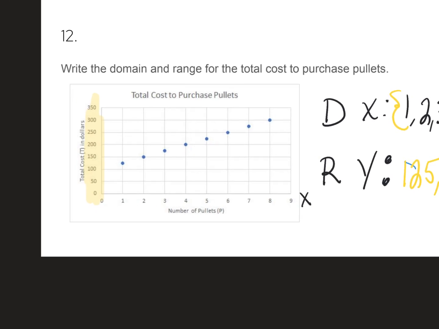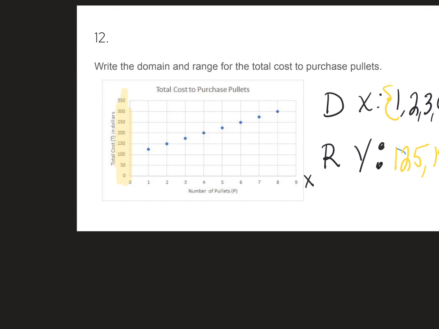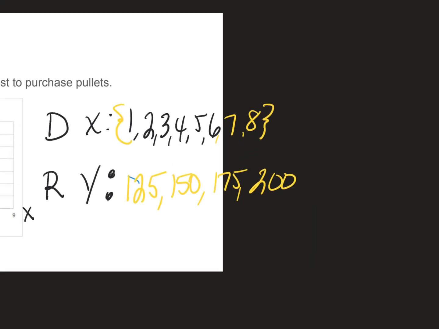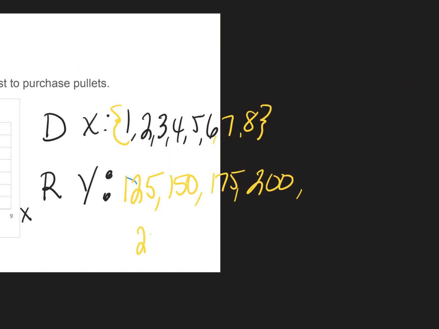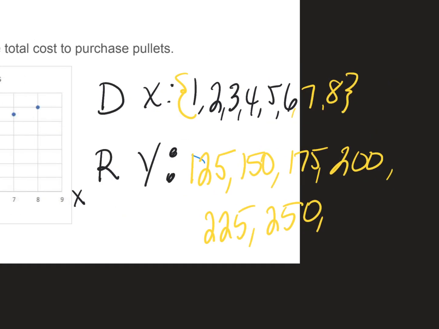Then 150, 175, 200, 225, 250, and so on. We got the 275 and 300.